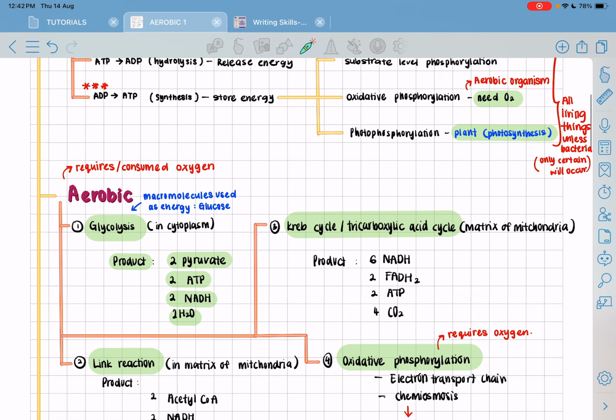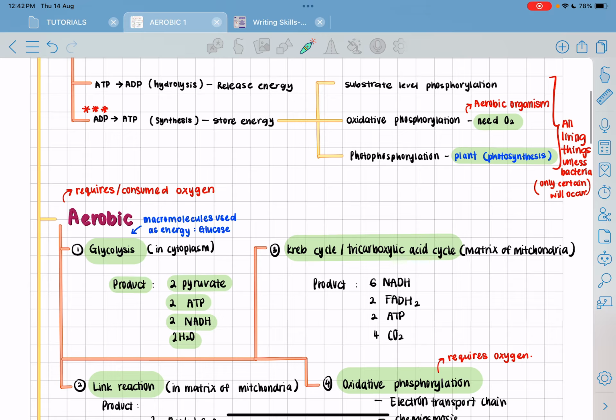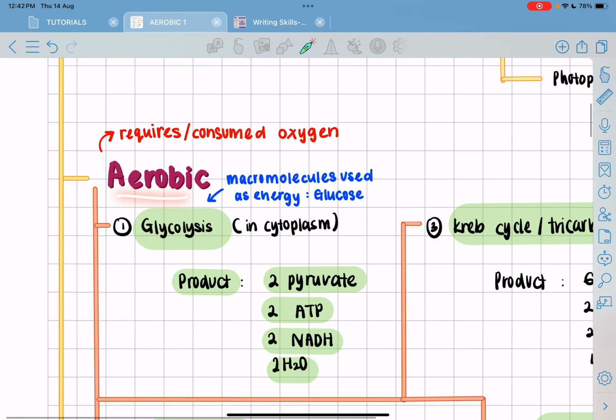And then we go to aerobic respiration. Aerobic requires oxygen. And then the macromolecule is glucose because you want to break down into the product.